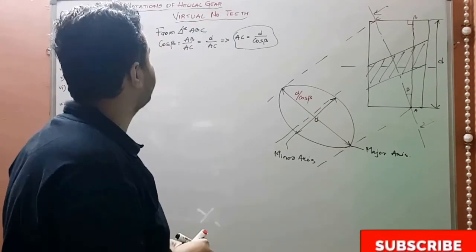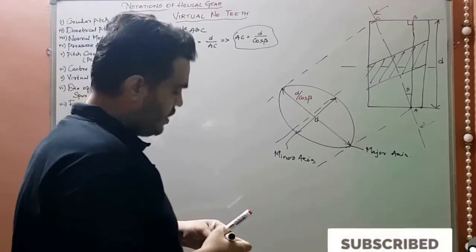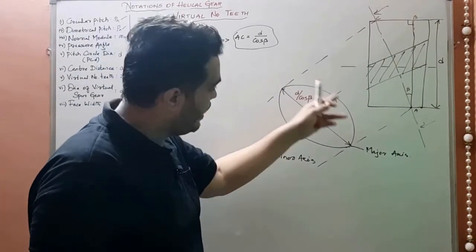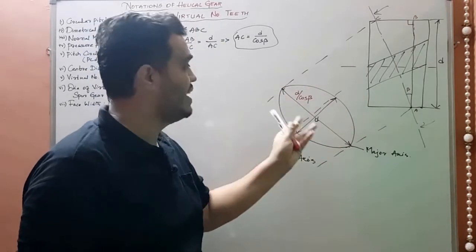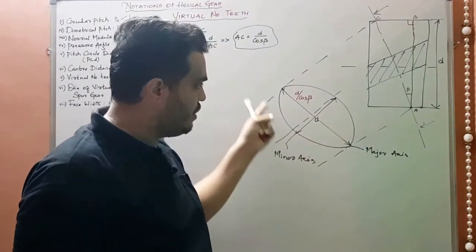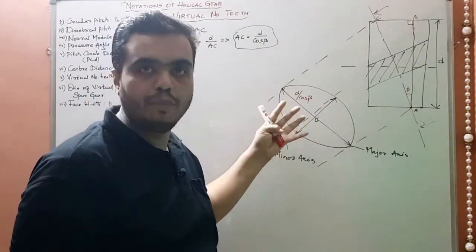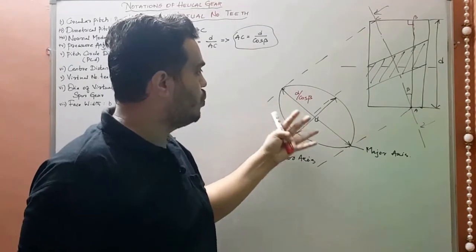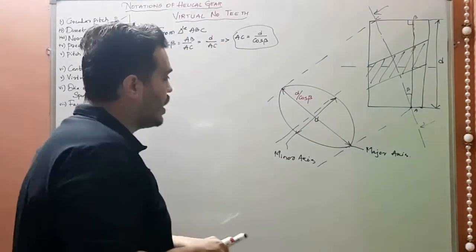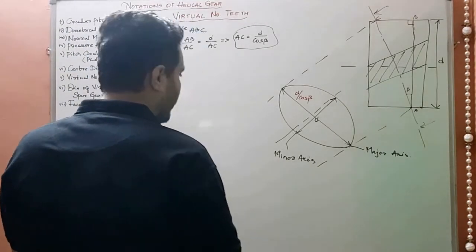So next, here we have assumed an imaginary profile, that is an elliptical shape. Any gear can't be an elliptical shape, what we have imagined, right? So we need to convert this elliptical shape into a circular shape.